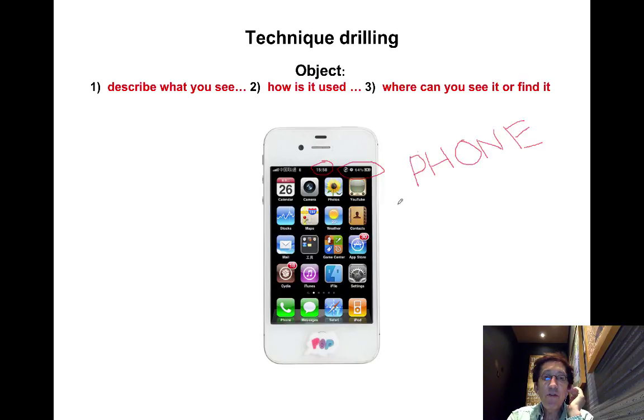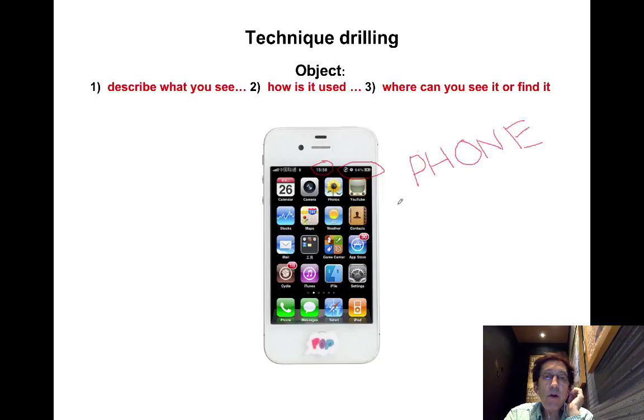Yeah, rich people have it. Only rich people have this object? Not, but this brand. Oh, this brand. Are there other objects similar to this brand? Yeah, the function is the same, but the brand is different. Ah, okay, good.